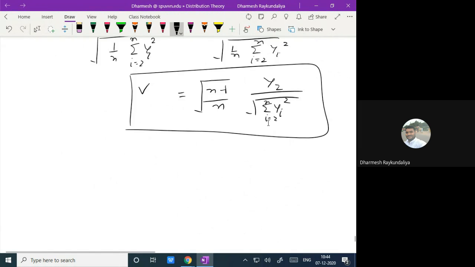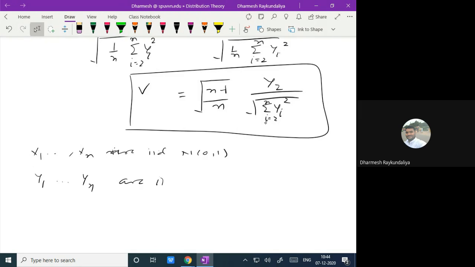But we know that x1, x2, xn are IID normal 0, 1, and because y1, y2, yn are the orthogonal transformation, y1, y2, yn are also IID normal 0, 1. So here y2 is a normal 0, 1.